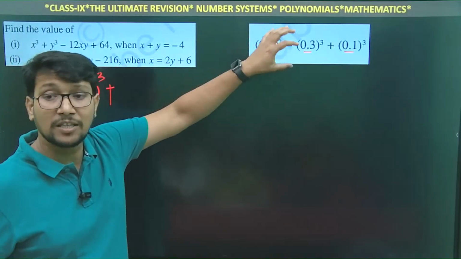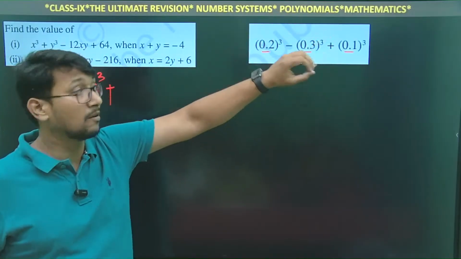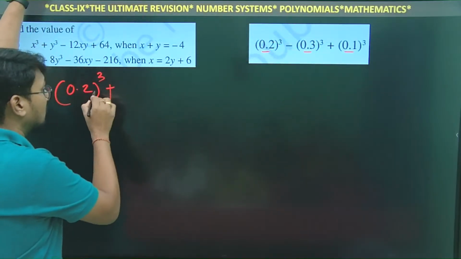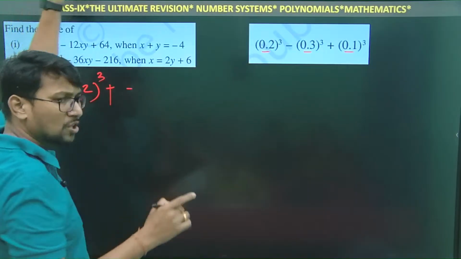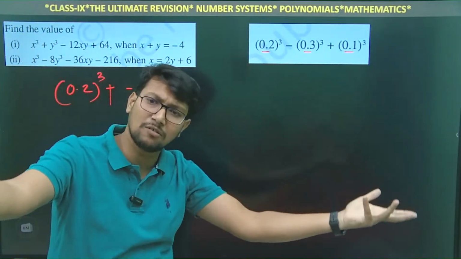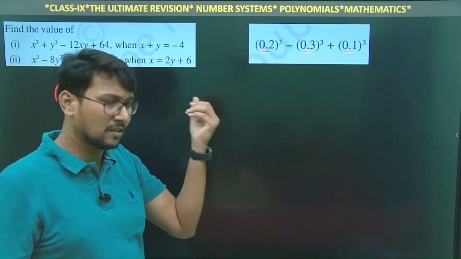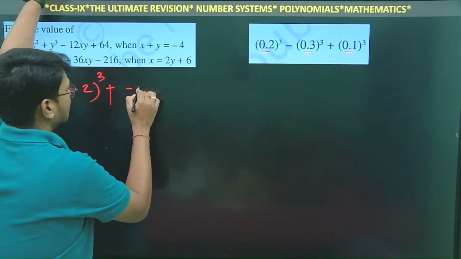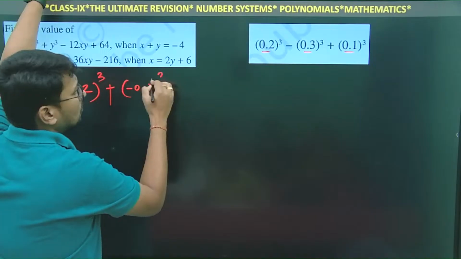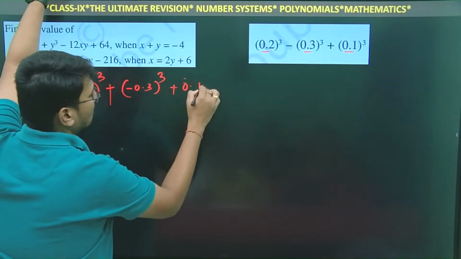It is actually without finding the cube that you have to solve, so you should always write it in plus. Though minus is given, you know the cube of a negative is always negative, so no matter. Therefore you take the minus inside: minus 0.3 whole cube plus 0.1 cube.